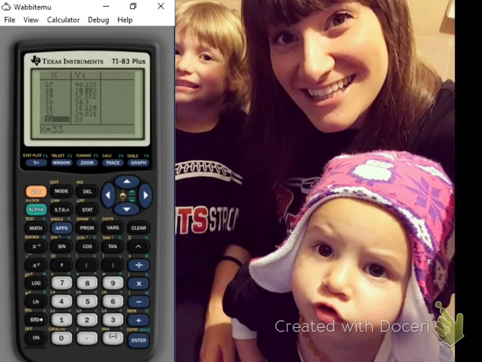So again, do the same thing. Y equals 1,225 divided by x. And then same thing, I'm going to have to keep scrolling down a little bit here. Get 35.